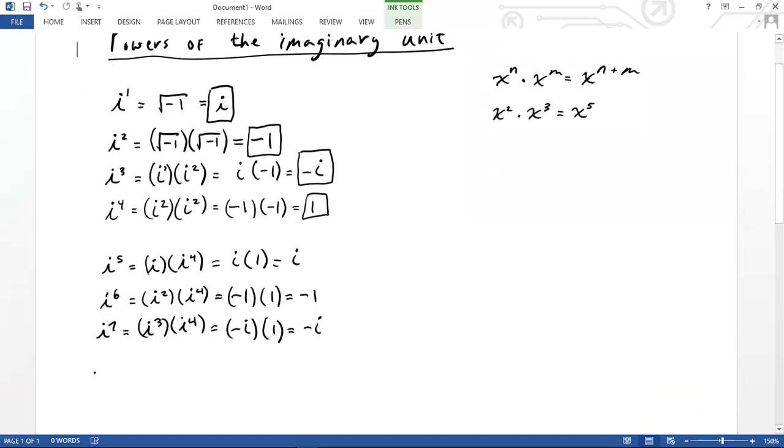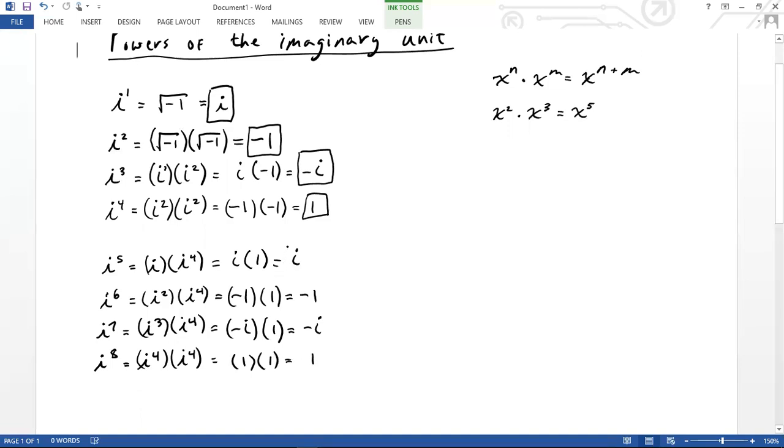And finally, i to the eighth is the same as i to the fourth times i to the fourth, because 4 plus 4 is 8. But we said i to the fourth is 1. So this is just 1 times 1, which equals 1.